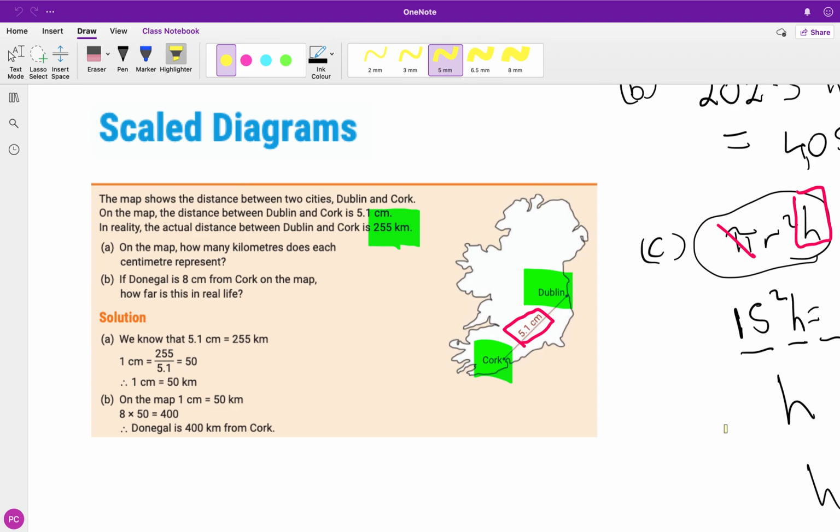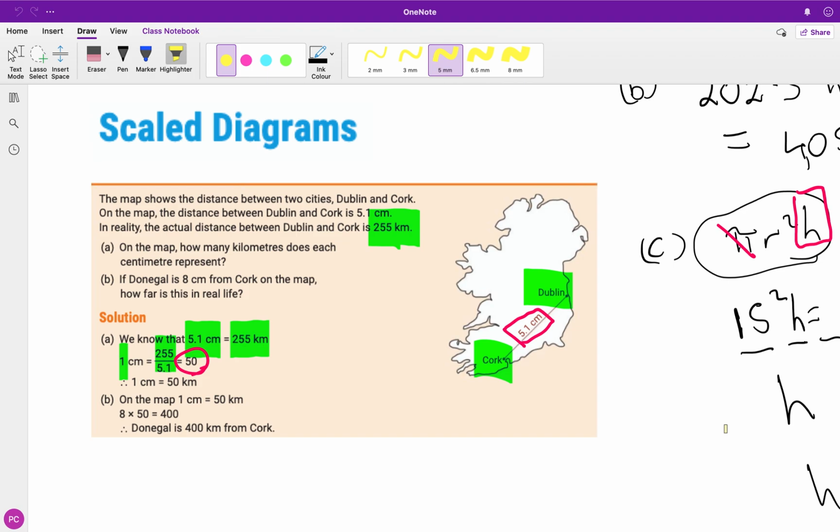Well, if 5.1 centimetres tells us that it's 255 kilometres, we can work out what 1 centimetre is. 1 centimetre is 255 divided by 5.1. When you divide that in, it's 50 kilometres. So 1 centimetre is equal to 50 kilometres on that map.